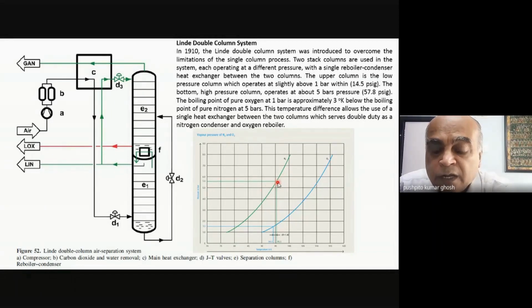Right. Okay. Yes, sir. So is that clear now? This was the revolution which really allowed for not only the recovery of pure oxygen but pure nitrogen.